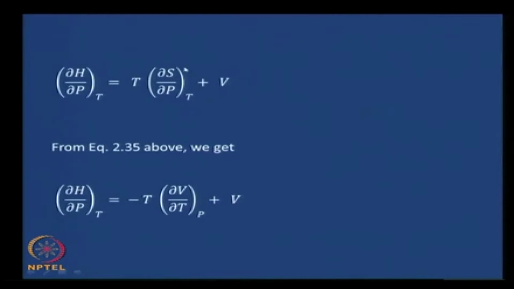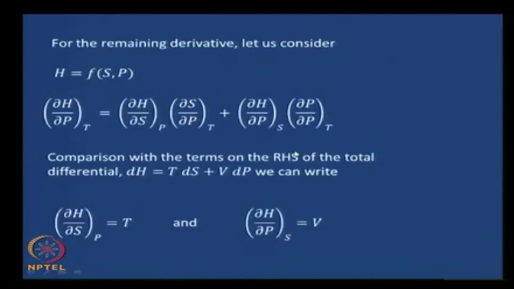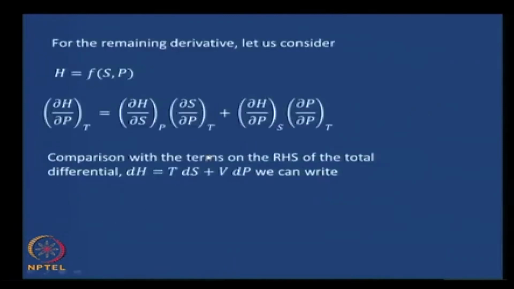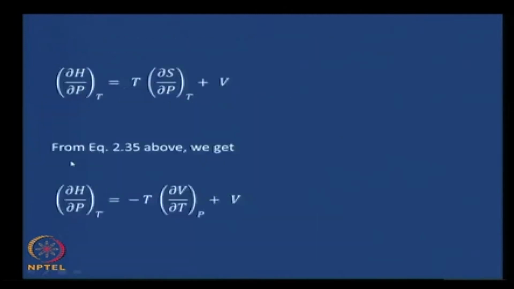This is still in terms of ∂S/∂P at constant T, and this is not completely in terms of easily measurable variables, but using the relationship for ∂S/∂P at constant T that we had given in equation 235 earlier, ∂S/∂T at constant P is Cp by T. We can write ∂H/∂P at constant T equals minus T ∂V/∂T at constant P plus V. This is the other relationship which brings ∂S/∂P at constant T in terms of V, T and P. We will call this equation 237.